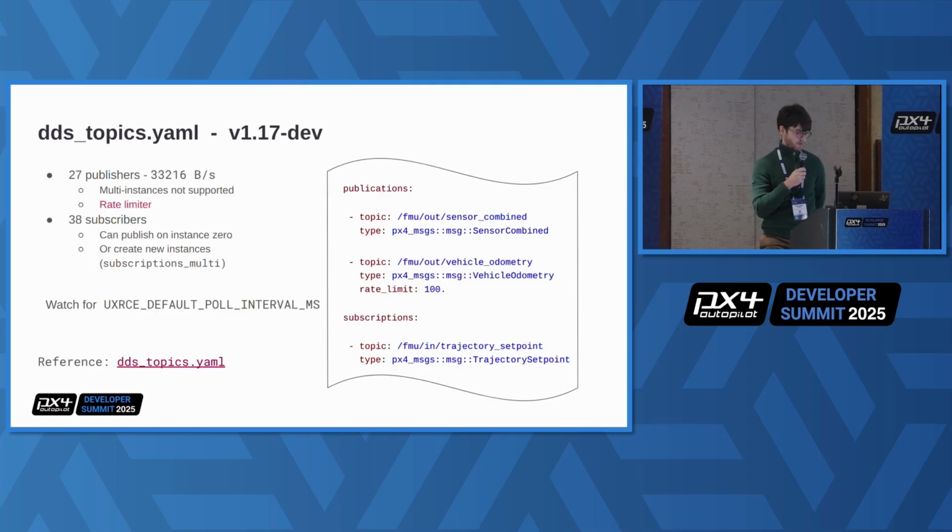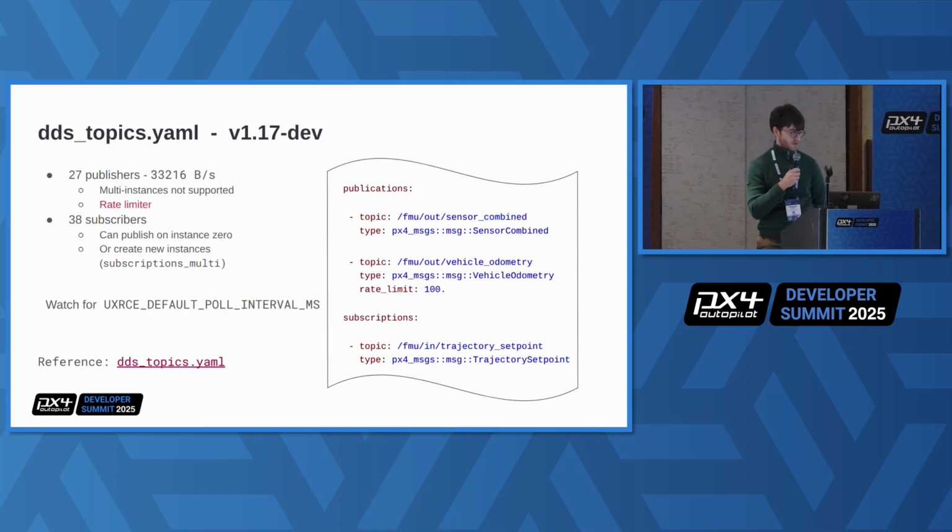In 1.17 instead, there have been a few changes, definitely an increased number of subscribers. Those are not critical, because if you're not publishing to those topics, that's fine. There are 3 more publishers, but also an addition of a per-topic rate limiter that also brought down the standard communication link consumption.